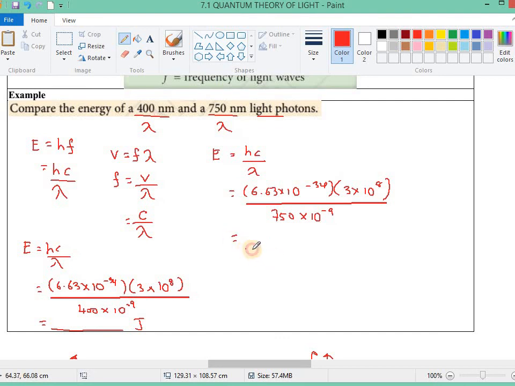So you can get how many joules of energy. This one, the energy is 4.9725 times 10 power of negative 19 joule, and this one we get 2.652 times 10 power of negative 19 joule.